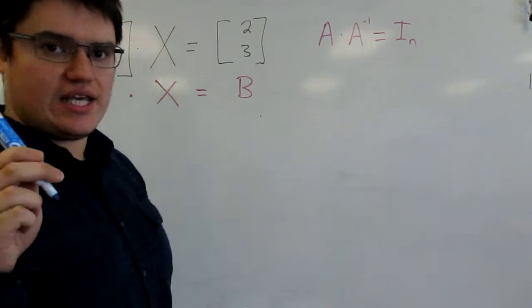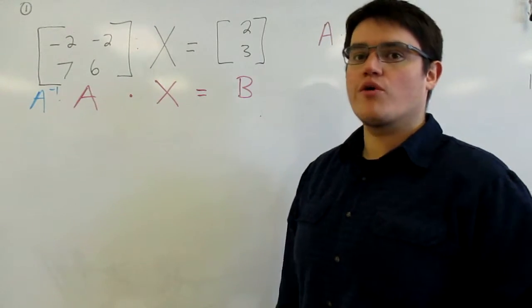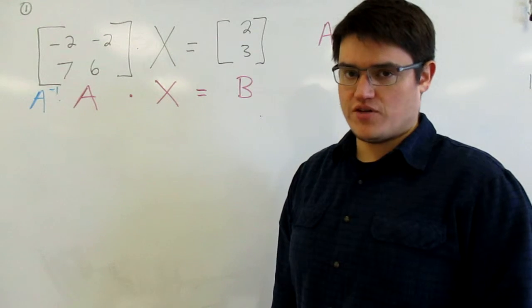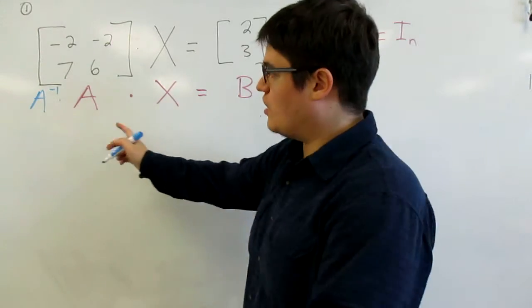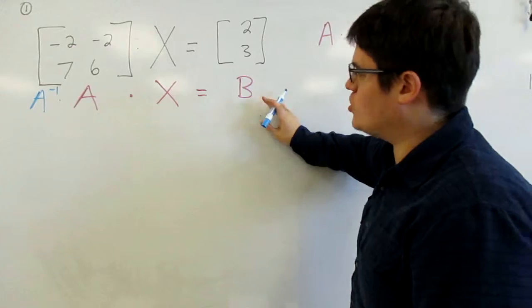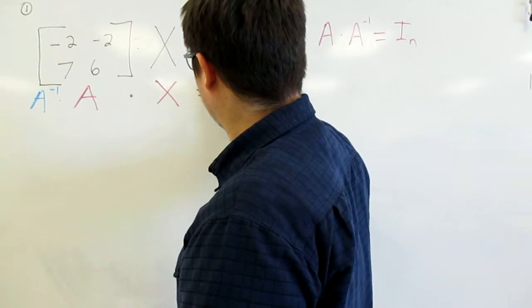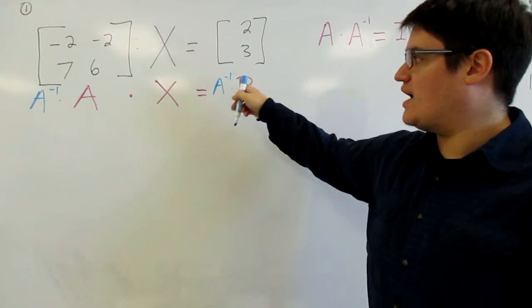Now, a key thing with matrices. Remember, the order matters when we multiply matrices. So if I multiply the left of that side by A inverse, then on this side of the equation, I also have to multiply by the left. I can't multiply by the right, I have to multiply by the left.